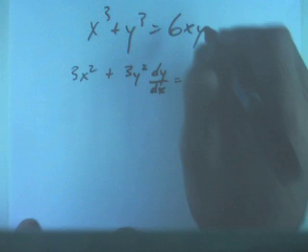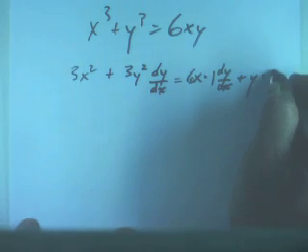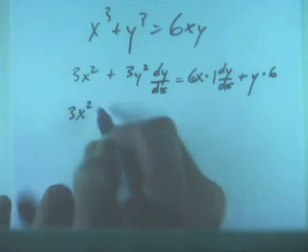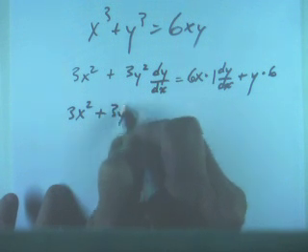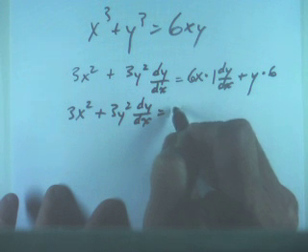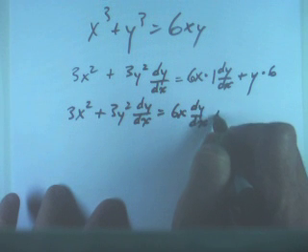And then it's plus the second function, y, times the derivative of the first function. Well, the derivative of 6x is just 6. Cleaning this up a little bit, I have 3x squared plus 3y squared dy dx equals 6x dy dx plus 6y.